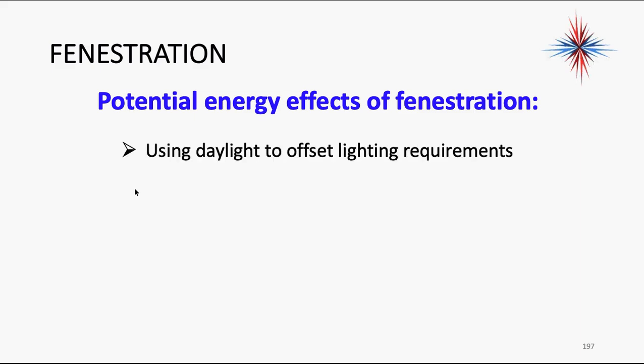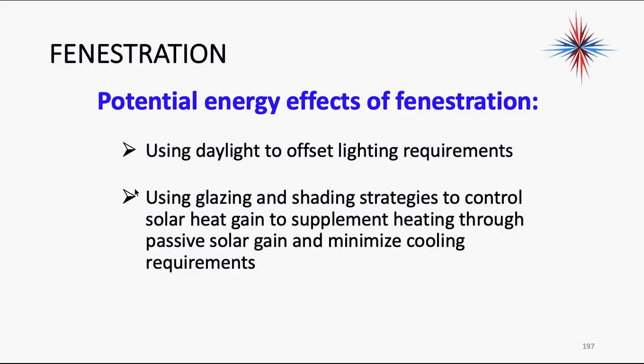Okay, we can use daylight to offset lighting requirements. This happens a lot in office buildings. We can use glazing and shading to control solar heat gain to supplement heating through the passive solar gain and minimize cooling requirements.